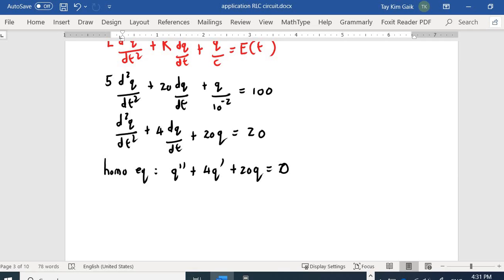You get the characteristic equation by substituting the second derivative by m squared, the first derivative by m, and q by m to the power 0. As just now, we obtain the same characteristic equation, where m is negative 2 plus minus 4i.